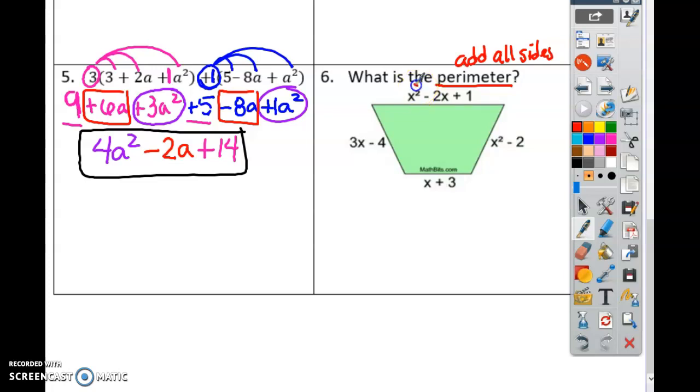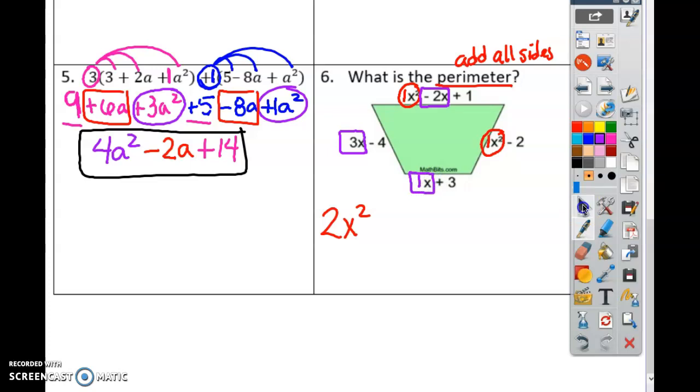So this one is a 1x squared. Looks like this one, which is a 1x squared. Add. What's 1 plus 1? 2x squared. Then I have this one is a negative 2 plus 3 plus 1.